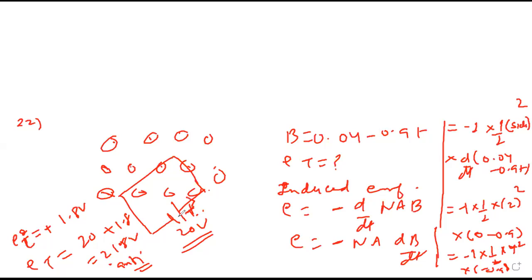If the outer voltage is greater, then it will depend upon the outer direction or the induced direction. Because induced is smaller than 20, I'm not bothered whether it is clockwise or anti-clockwise due to induced. It will be only due to 20, which is anti-clockwise. So 21.8 and anti-clockwise, option D.